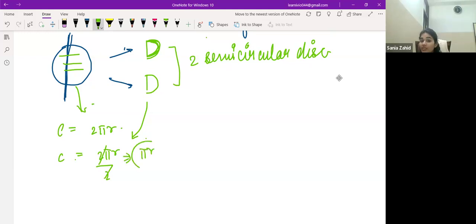Whenever a semicircular disc is given to you, what is the formula of circumference? Pi r. Pi r is the formula. So for a semicircular disc, it is always pi r.